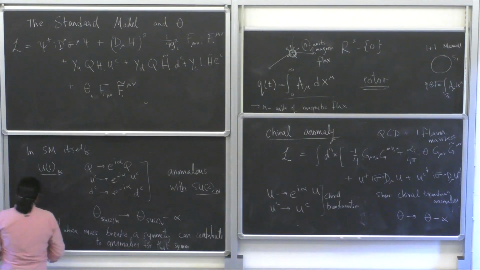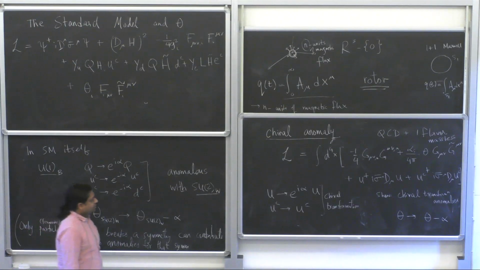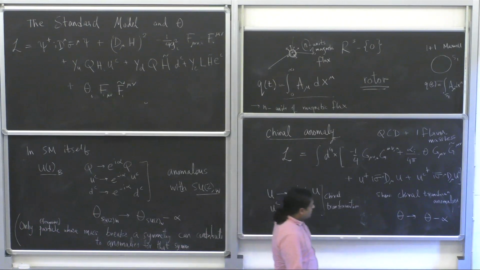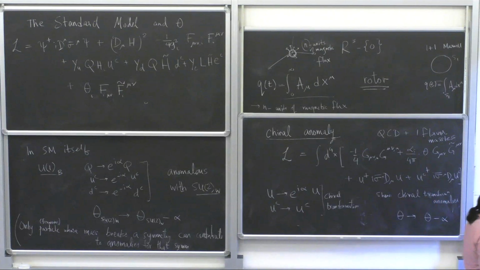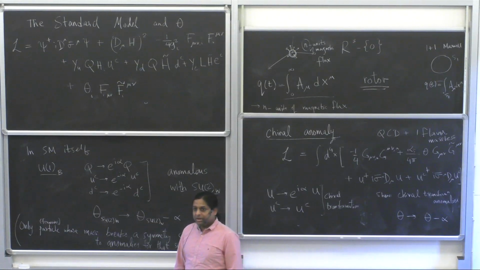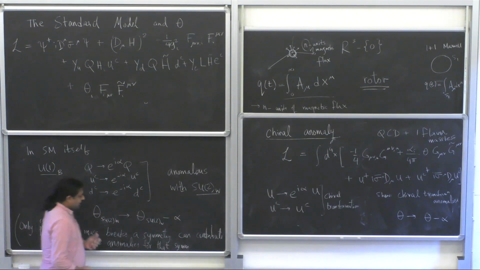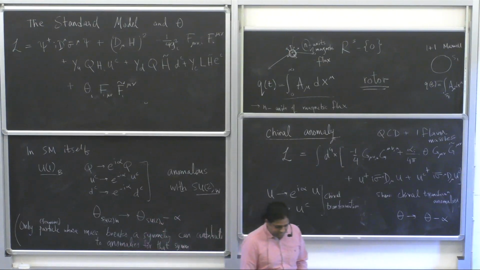So if you followed our logic and tried to look for something like this for QCD, you would either be led to positing an unbroken symmetry with something like the massless up quark, or positing a spontaneously broken symmetry, which is something like the axion. Okay, so that's the idea of using anomalous symmetries to get rid of the theta angle one way or the other.